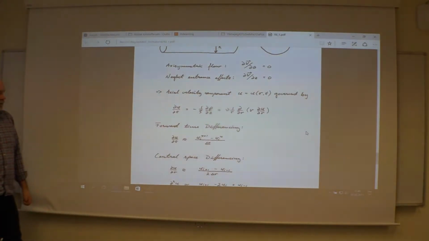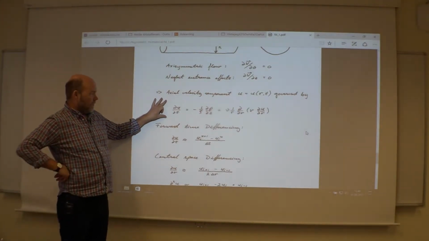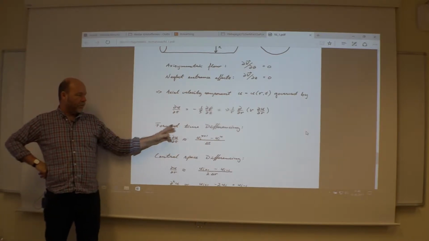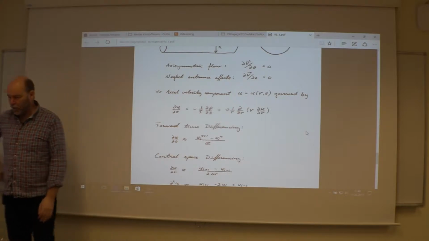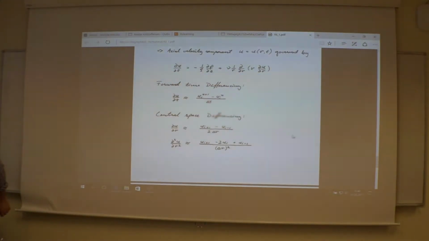Then I want a discrete version of this one. So then I choose what we will call an FTCS scheme, forward in time, central in space. That is the first obvious choice, setting up a finite difference scheme for any problem.